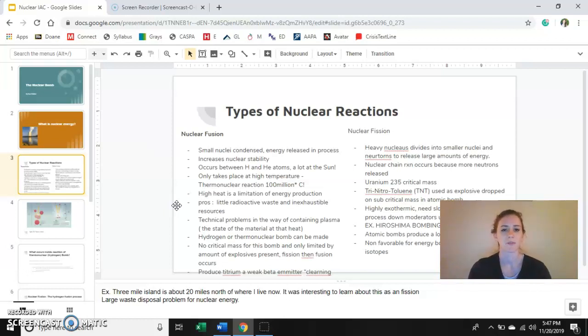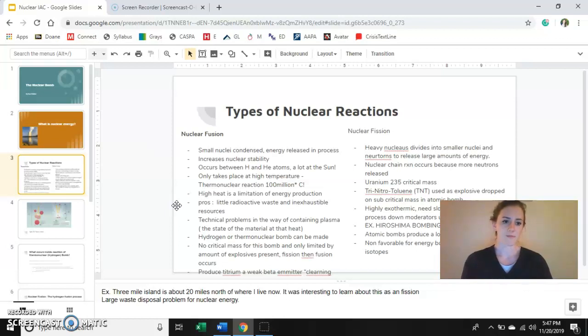The most well-known fission bomb is the Hiroshima bombing in Japan. This was highly exothermic, and for this reaction to occur, TNT is used as an explosive to change the critical mass in the atomic bomb, which is primarily made up of uranium-235.